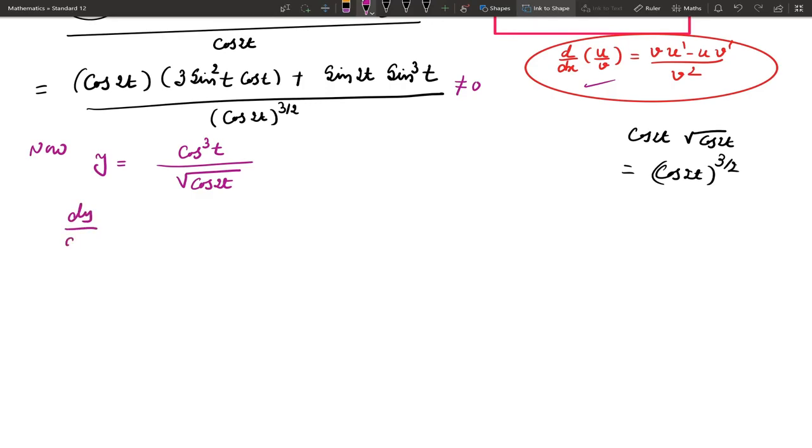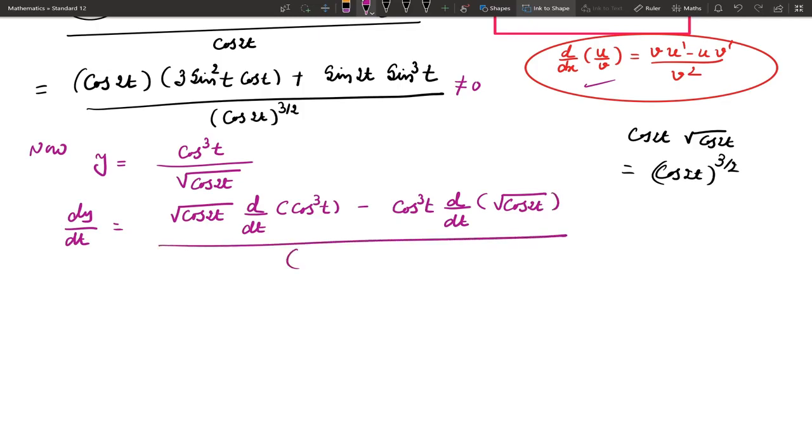So dy by dt: v, which is root cos 2t, into d by dt of cos cube t, minus cos cube t into d by dt of root cos 2t, upon the square of root cos 2t.